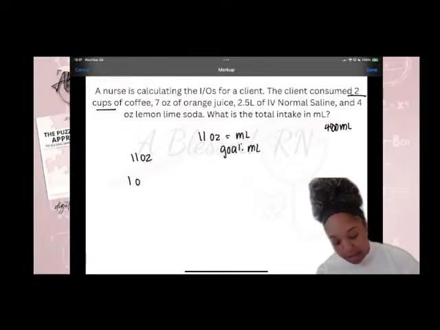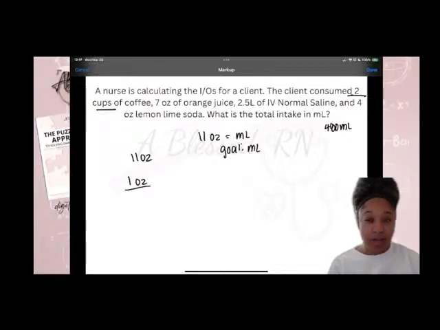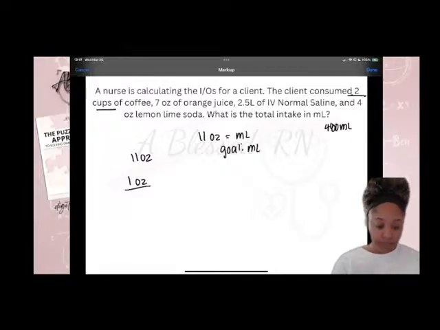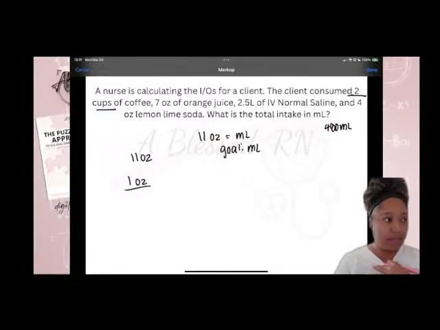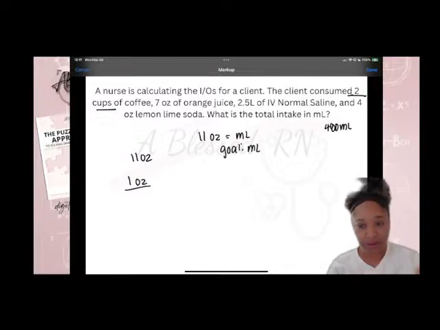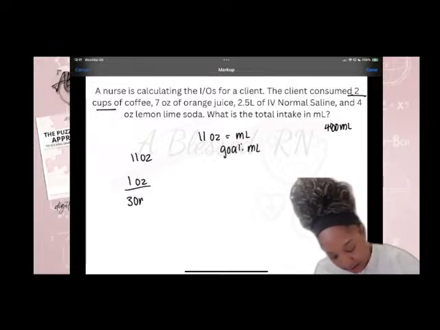I know that 1 ounce equals how many milliliters? Do y'all know how many milliliters equal an ounce? How many? 1 ounce equals how many milliliters? 30, exactly, right?